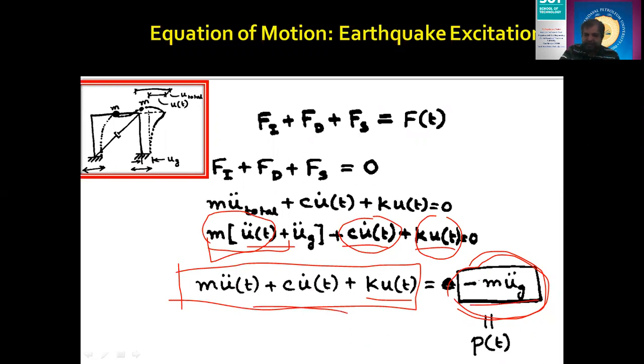Now what does this minus represent? The minus represents the direction. For example, generally when I say earthquake excitation, it will vibrate along this particular point in this and this direction.